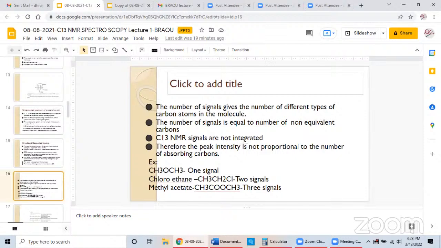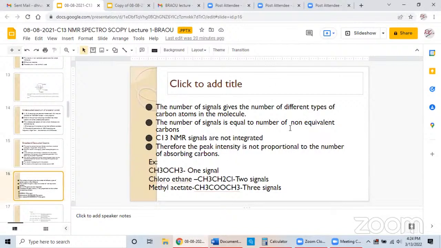But in C13 NMR, you don't get integration curves because they will not give you the right information. The peak intensity is not proportional to the number of absorbing carbons, because the NOE effect is there. The NOE effect also increases peak intensity, so the intensity is not just related to the number of carbons, it is also related to the NOE effect and neighboring hydrogens. That is why integration curves are not given in C13 NMR as in the case of proton NMR.